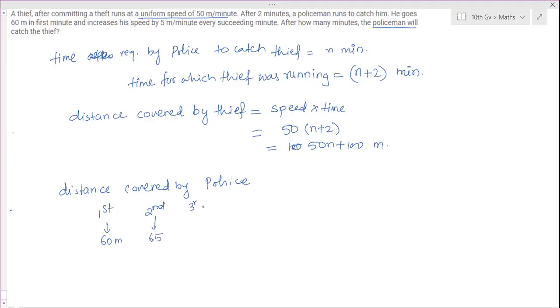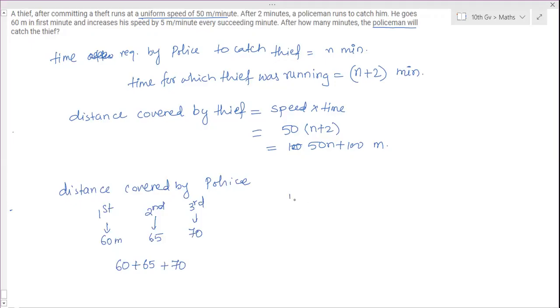Third minute, 70. In 2 minutes, how much distance will he cover? 60 plus 65. Now in 3 minutes, 60 plus 65 plus 70. This is the total distance covered in 3 minutes.